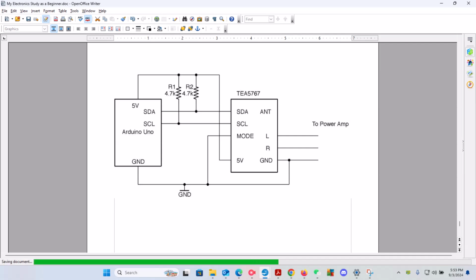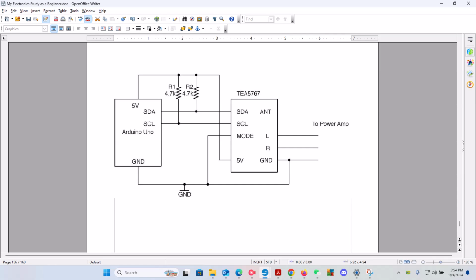One is 5 volts going out into our resistors and to the IC, and the second one is our ground going directly to ground. Now we also have other pinouts. We have mode that will go directly to the node and directly to ground. And we also have the one that goes in directly for 5 volts to power this chip. And that will go directly to ground.